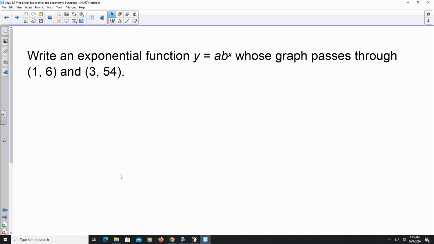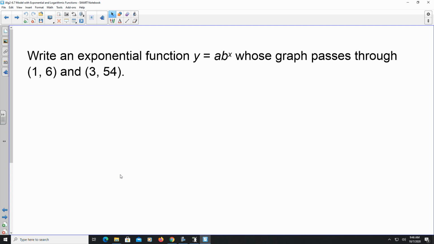So the one thing that we're going to be looking at here is we want to be able to write an exponential function. So the general exponential function is y equals a times b raised to the x power. The only information that they give us is that it passes through these 2 points, (1, 6) and (3, 54).